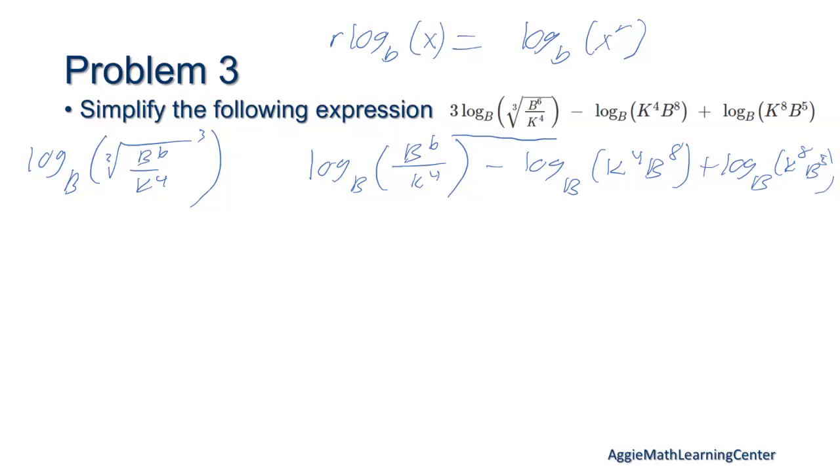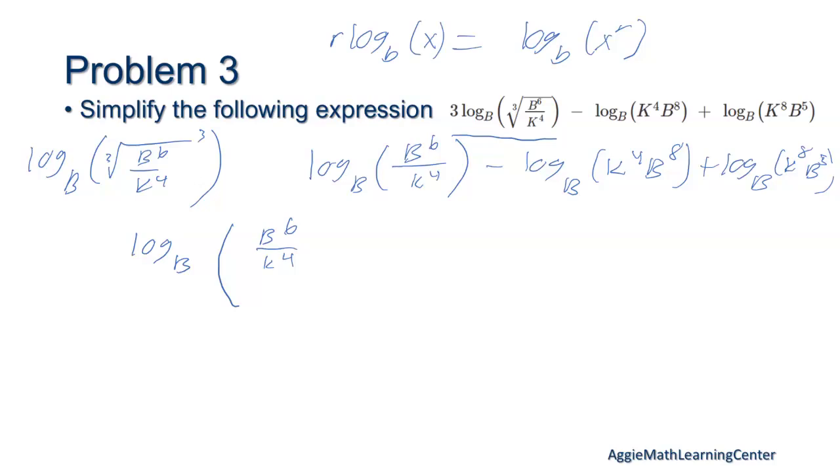Okay, now we're going to use the rules that said that if they are added together, you multiply them. So these all have the same base, b, and whatever has a positive log, whatever is being added together, is going to be multiplied, and whatever is subtracted is going to be divided inside of the log. So what that would look like is log base b of b to the 6th over k to the 4th.